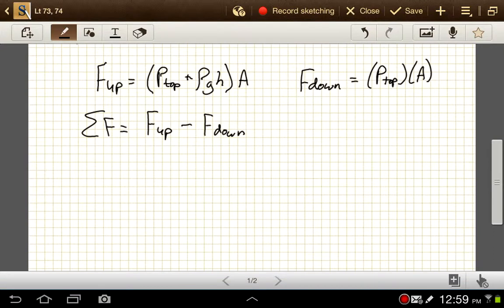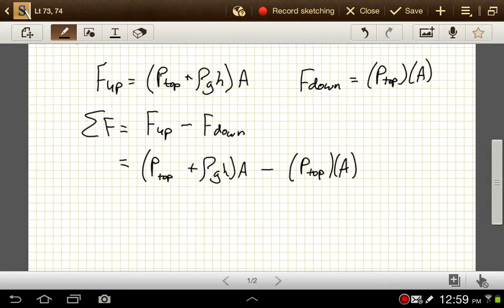And so that value is going to be, let's see, we'll have P top plus rho g h times A minus P top times A. And if I distribute that A, we've got P top times A plus rho g h A minus P top times A.